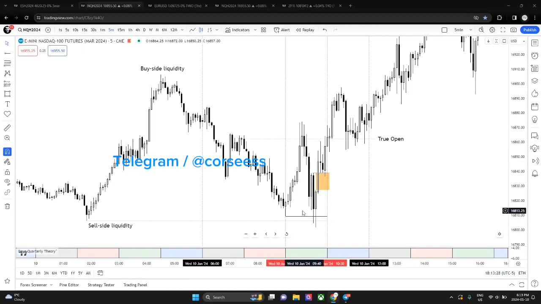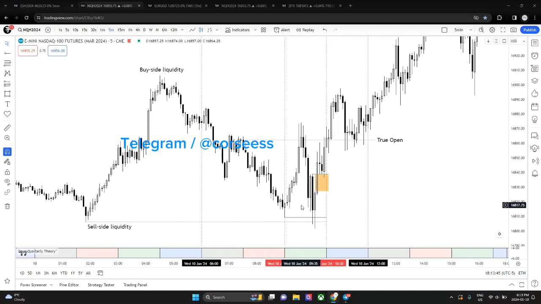You're in discount. You have a higher time frame SMT as well, right? You're trading during Q3 of Q3. This right here is the perfect setup. This is a setup that forms 75% of the time, right? So if every Wednesday you look at this time, you would more than likely see something like this.